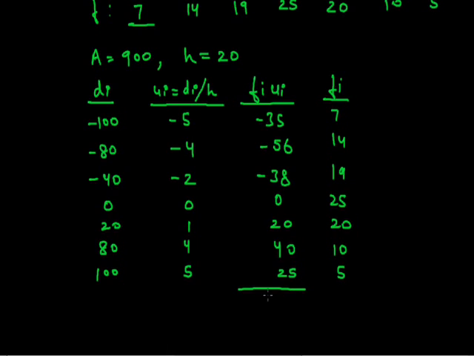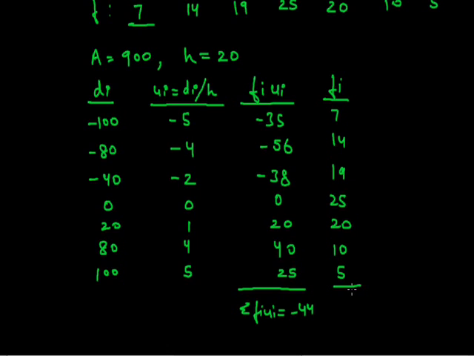Now we will add up this fi ui. If we add all these terms, we get 40 plus 20, 60 plus 20, 85, 85 minus 35 gives 50. So 50 minus 56 is minus 6, and minus 6 minus 38 will give us the value minus 44.